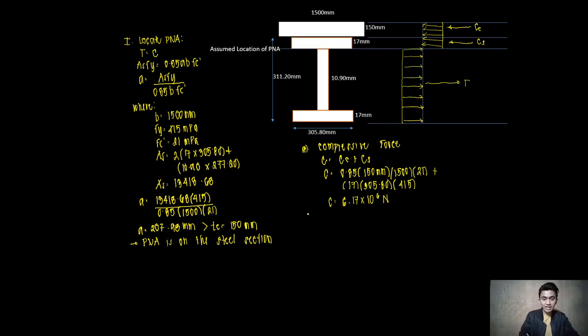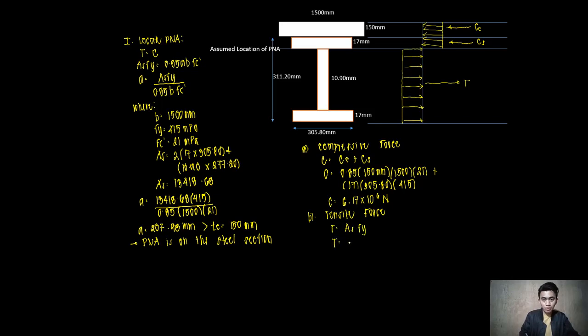Compare that with the tensile force. Letter B for our tensile force. T is equal to the area of the remaining steel times Fy.